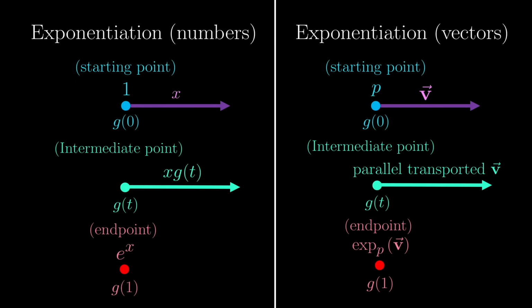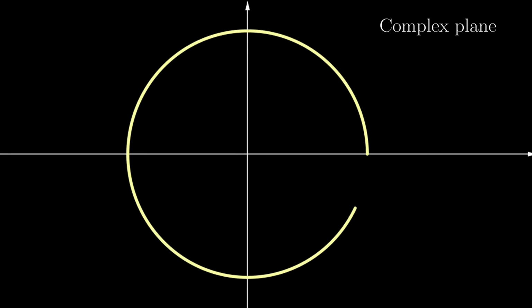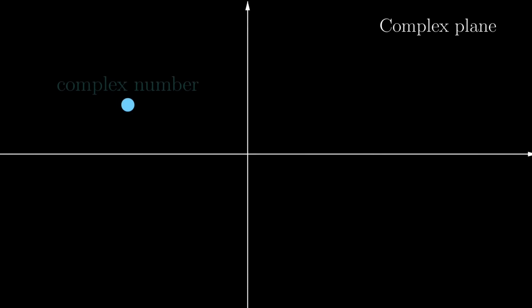The second level is to recognize that on the complex plane, we can restrict ourselves to only thinking about the unit circle centered at the origin, and always start at the point 1 as you do for exponentiation of normal numbers. A tangent vector at 1 can be identified with a purely imaginary number, say iθ. This is because in general, for any complex number, we can identify it with a vector emanating from the origin towards that complex number.